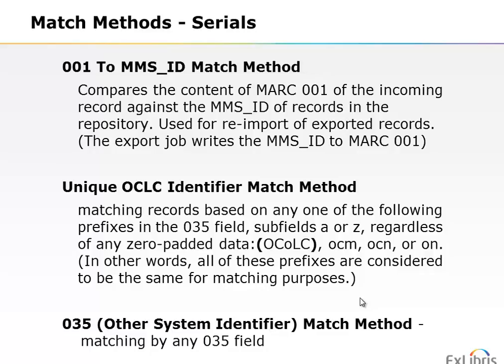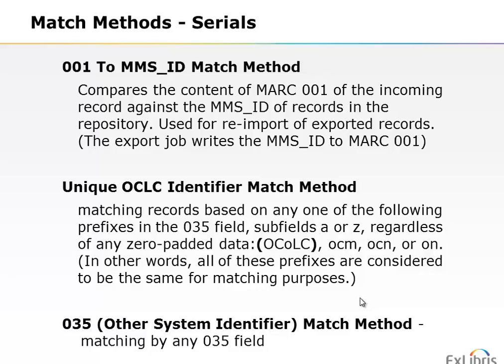The first method is the 001 to MMSID match method. This match method compares the content of the MARC 001 of the incoming record against the MMSID of records in the repository. This match method was developed especially for the scenario in which records have been exported from Alma, edited in some external editor, and then re-imported into Alma in order to overlay the existing records.